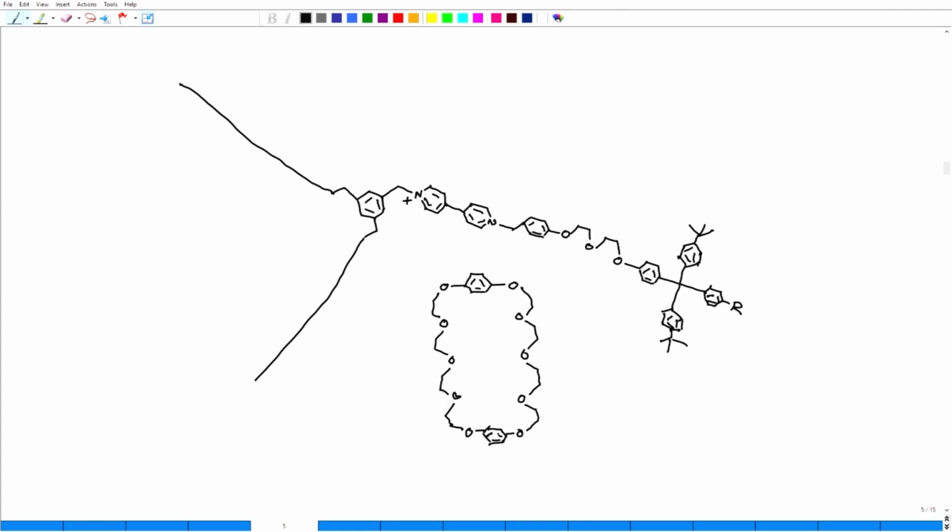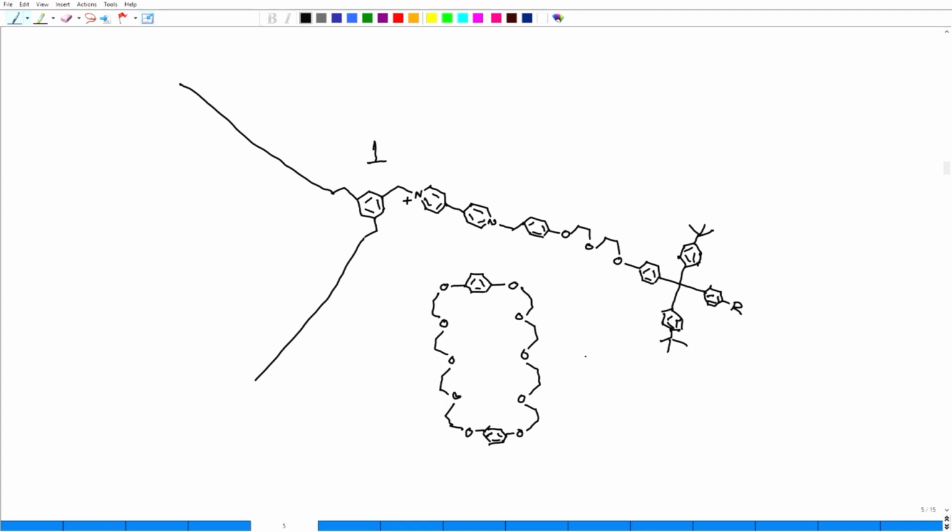So, if we cook this one with this one, this is 1 equivalent and this is a large excess, say 4, 5 equivalents.